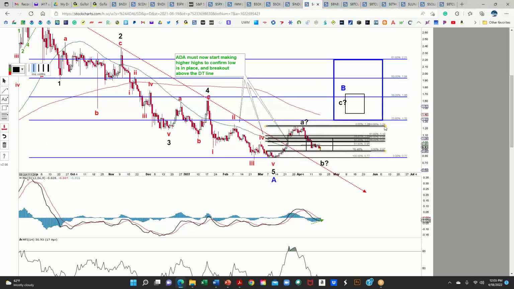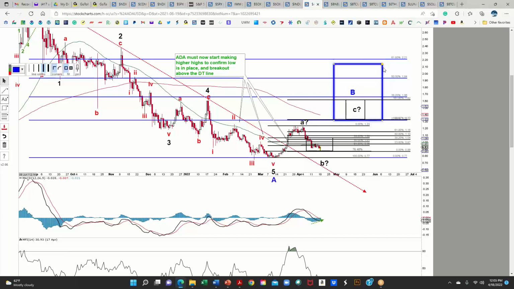Now assume that today's low is holding. I don't have any data yet to say that is true. Then we can go and move towards forecasting the target. So if the length of wave A, assuming we have topped, then we can see wave C of B should ideally top here, still well within this ideal B wave target zone.